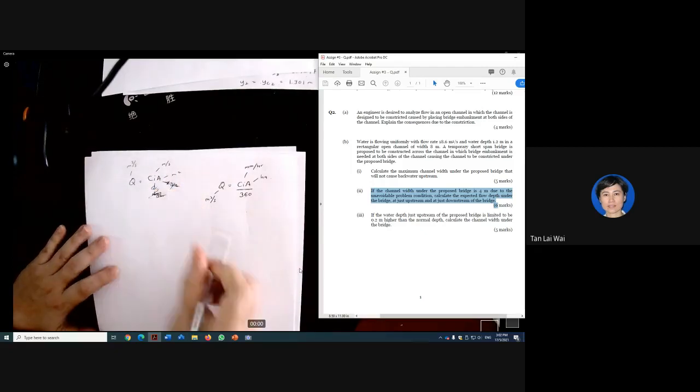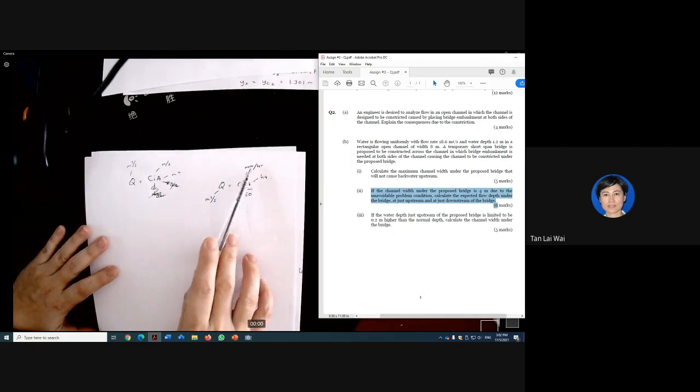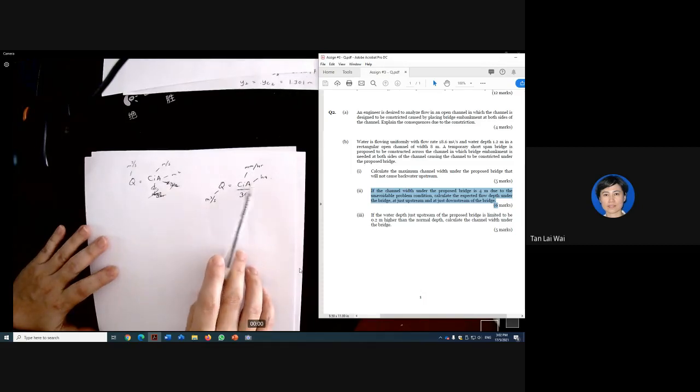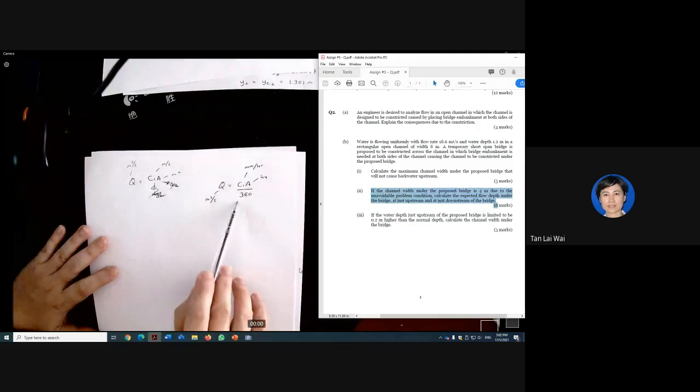This is just a conversion constant. When you use rainfall intensity in millimeter per hour and catchment area in hectare, you divide by 360 to convert those units into meter cubed per second.